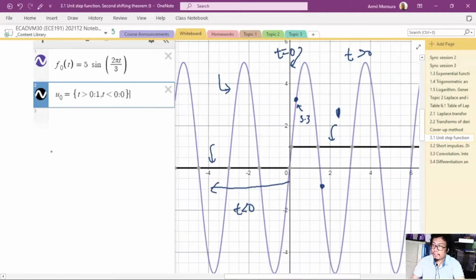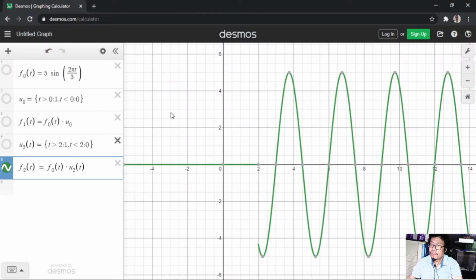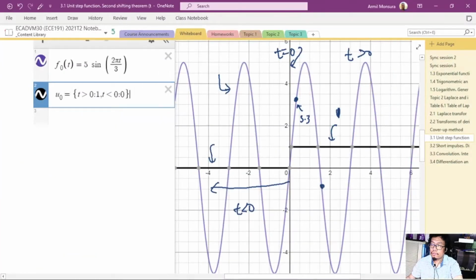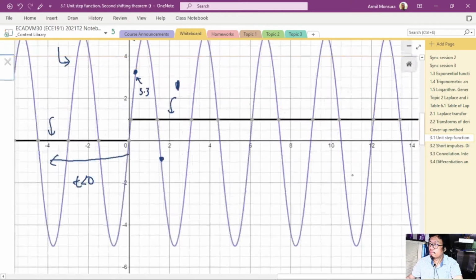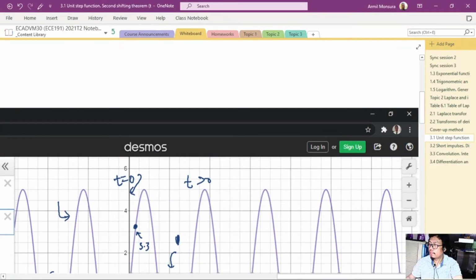In our notation, this signal, let's have a screenshot of this one. Let's bring your graph here.